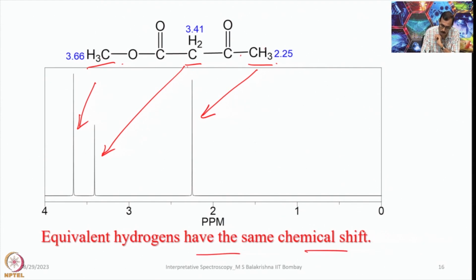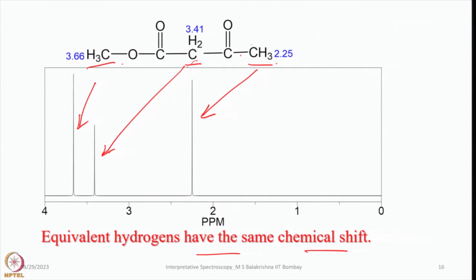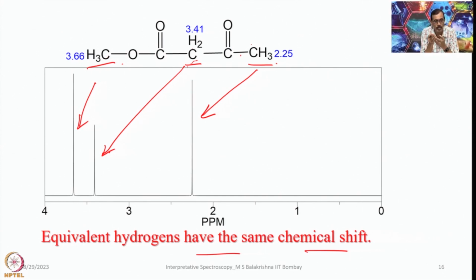That means all hydrogens present on this carbon show a single resonance, and similarly all hydrogens present on this carbon show a single resonance, and all hydrogens present on this methyl group also show a single resonance. Okay, you should remember, we will come back to looking into why they are equivalent and whether there can be some non-equivalence, and hence we can see some interaction of the hydrogen atoms present on the same carbon atom.